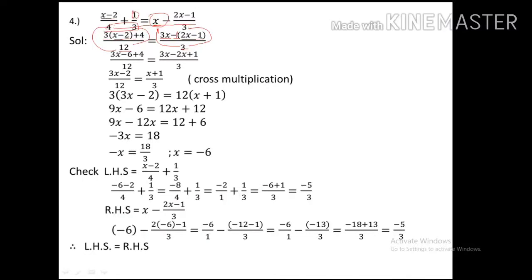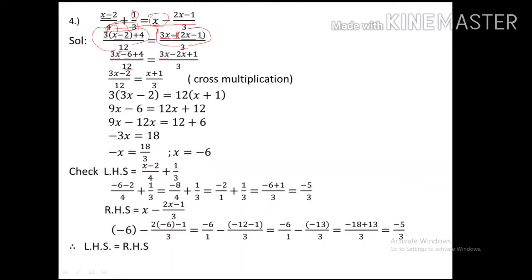Now next step, when we solve, when 3 is multiplied by x, it will come 3x. Now 3 is multiplied by minus 2, it will come minus 6, and plus 4 whole upon 12 equals to, now 3x we will write as it is. Now when we open the bracket, outside of this bracket minus symbol is there. So when we open the bracket, the symbol inside the number will be changed.